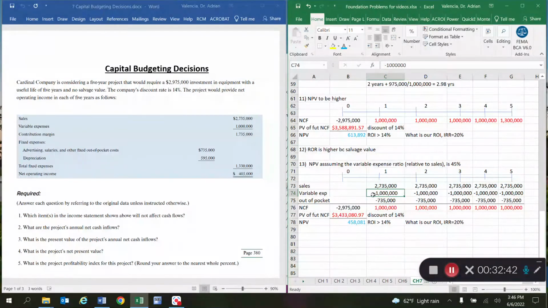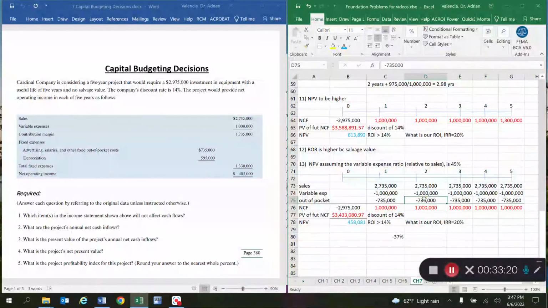And just to understand what the ratio is, we would do 1 million divided by the sales value. Before, they didn't tell us this, but basically they were saying that variable expenses were 37% of sales. So now the only thing we're going to be doing is changing that to not 37% but 45%, and we're going to see how this is affected. Okay, so let me go ahead and put a formula here on all of these.